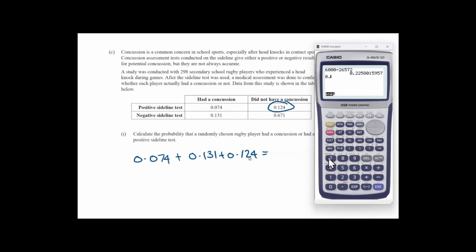Well, the probability to have a concussion is going to be 0.0474 plus 0.131, or that they had a positive test plus that. So 0.074 plus 0.131 plus 0.124, 0.329.